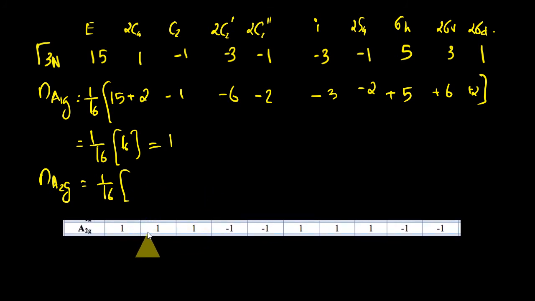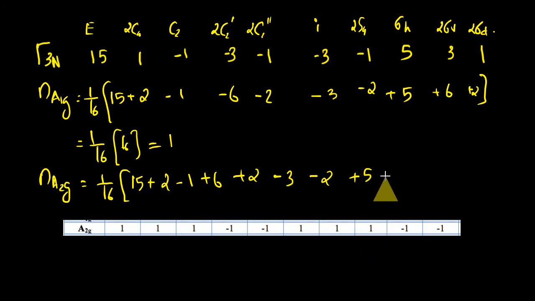So this is 1 1 1, then we can write 15 plus 2, then minus 1, then comes minus 1, so this is plus 6, then minus 1, that is plus 2, then 1, so it is minus 3, then minus 2, then again plus 5, then minus 1, so it is minus 6, then minus 1, so it is minus 2.